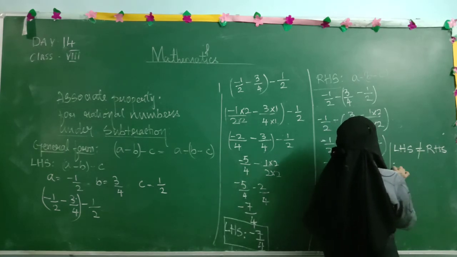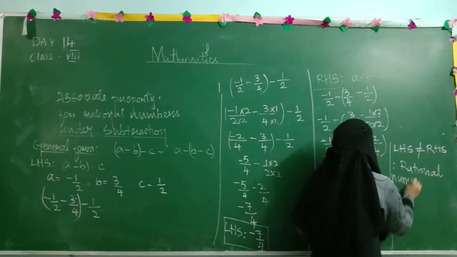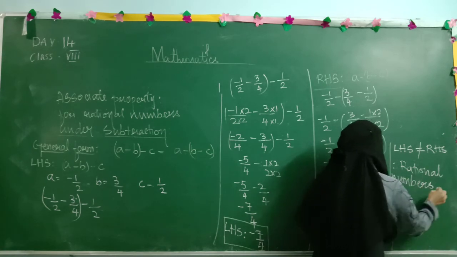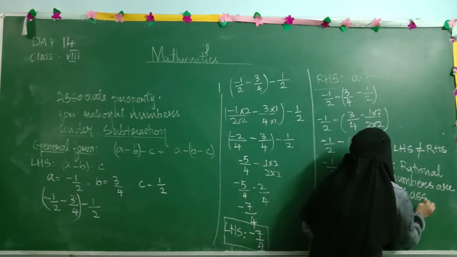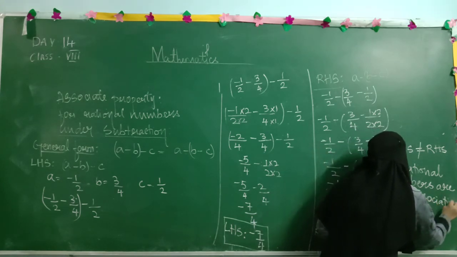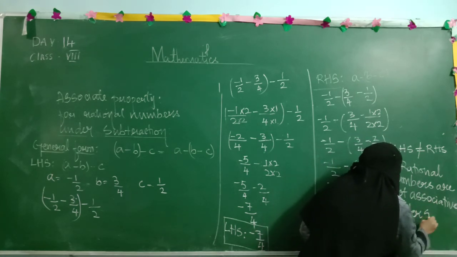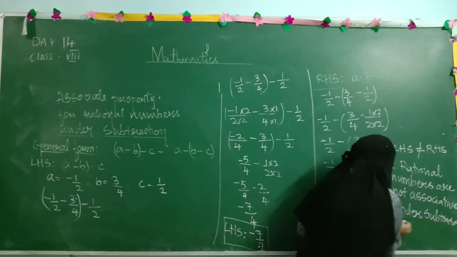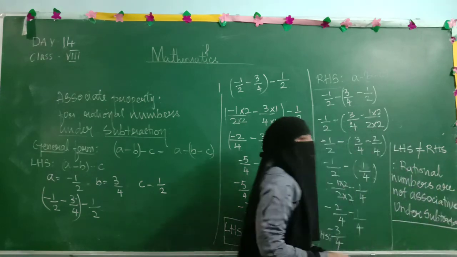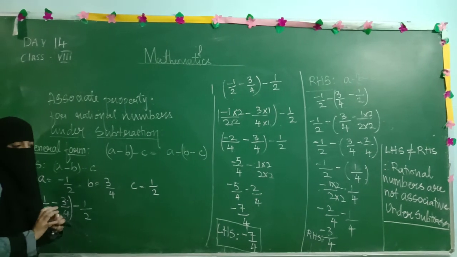So we are going to write here, therefore rational numbers are not associative under subtraction. Is that clear?